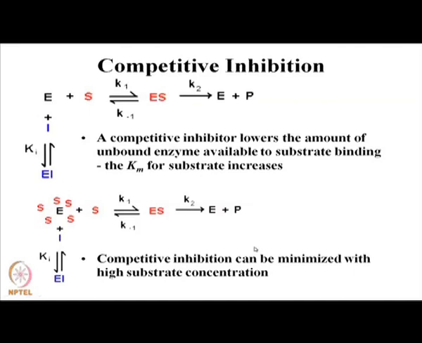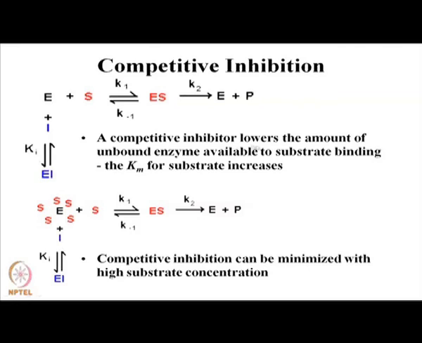Next, competitive inhibition. The scheme is like the classical scheme. This is the normal scheme: enzyme, substrate, enzyme-substrate complex, then enzyme back, then product. Now, since the inhibitor is present along with your substrate, the inhibitor again binds with your enzyme with a binding constant Ki, producing EI.